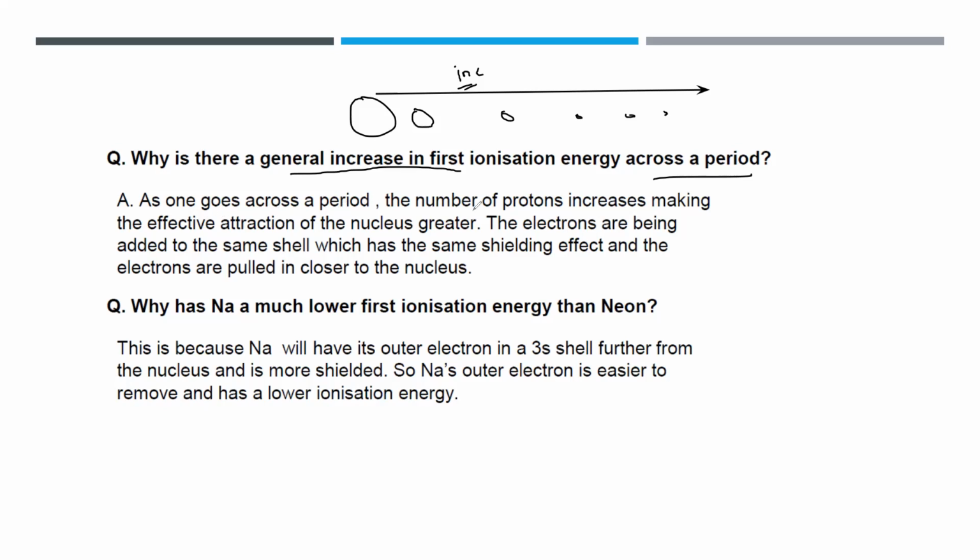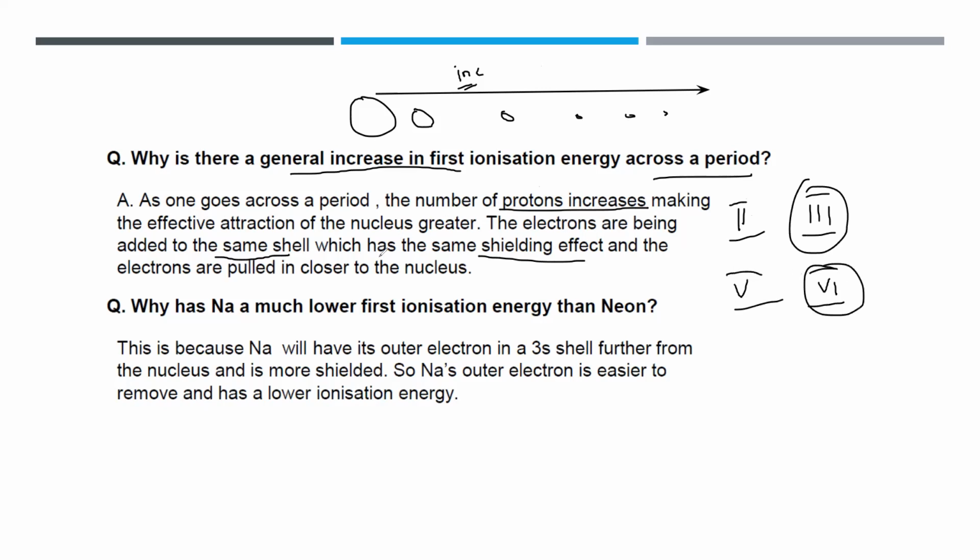As we move across the period, the number of protons increases and an electron is added in the same shell, so they will have the same shielding effect. That's why the ionization energy generally increases, but there are a few elements, from group 2 and 3, like group 3, that do not follow the trend, and group 6 does not follow the trend. Why does sodium have a much lower ionization energy than neon?